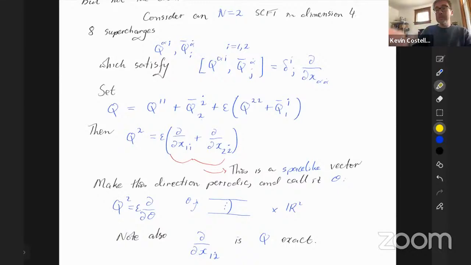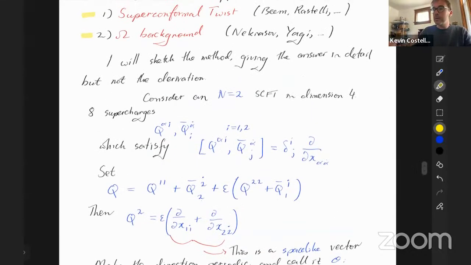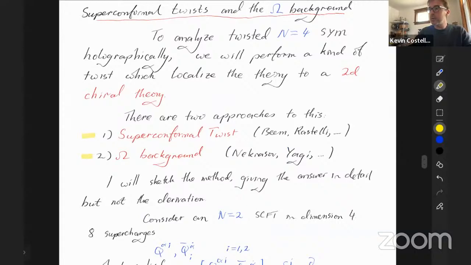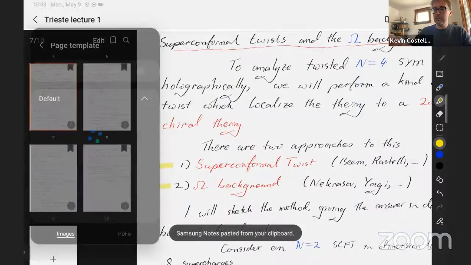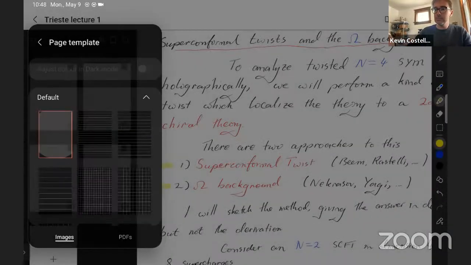Let's say we start with, let me find some blank paper. Okay, n=1 chiral multiplet.